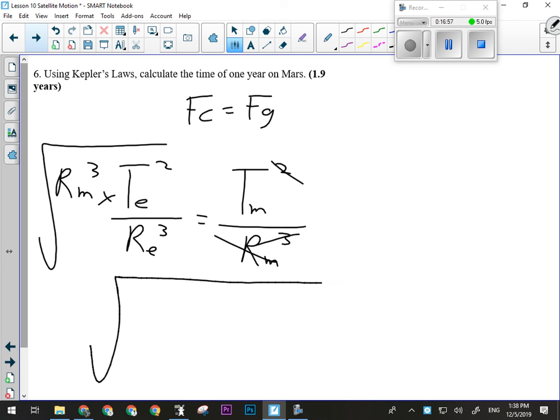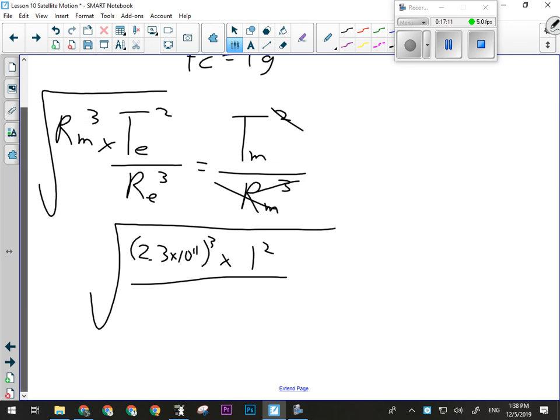So when I do this, I'm going to have 2.3 times 10 to the 11 cubed, times 1 squared, period of Earth's orbit, divided by, and here's the other thing, if I used meters for Mars' orbit, I have to use meters for Earth's orbit. I can't use one astronomical unit now, or I'll get a really weird answer. So 1.50 times 10 to the 11 cubed. Essentially, all we're doing is taking this number, dividing by this number, and then square rooting.